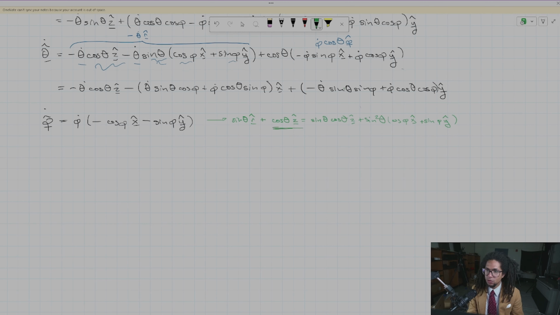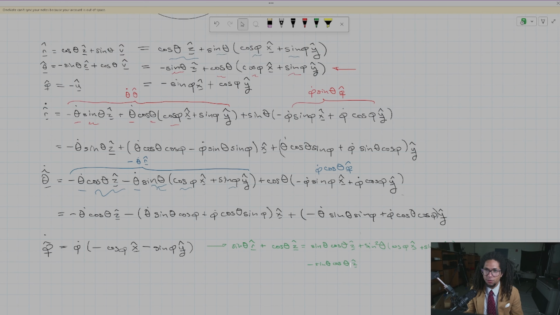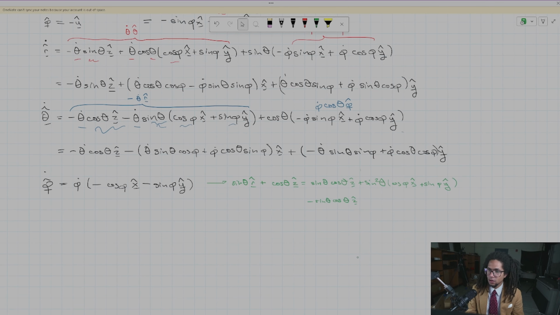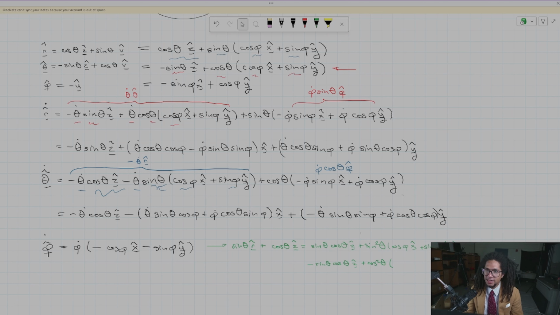Okay, and now I need to do this. So minus sine theta cos theta z hat, and then now we're going to need to do a plus cos squared theta, but notice that what the cos squared theta is multiplied by is exactly the same term as in the r hat unit vector.